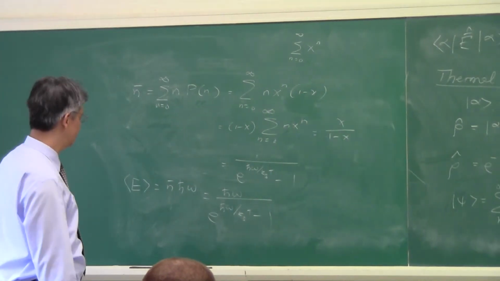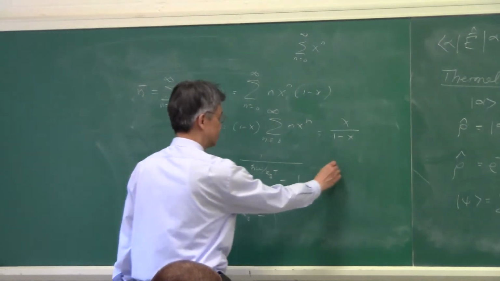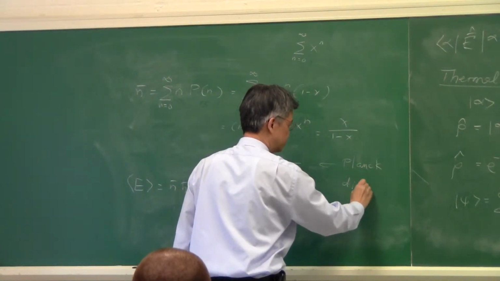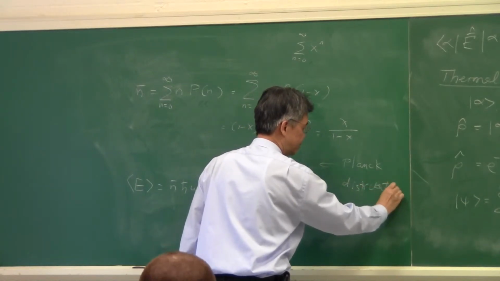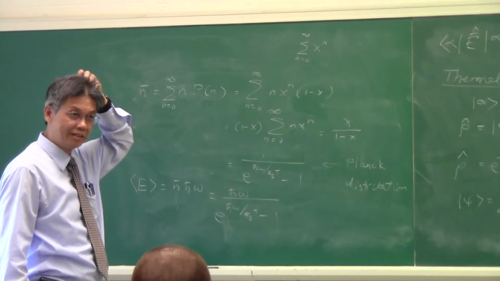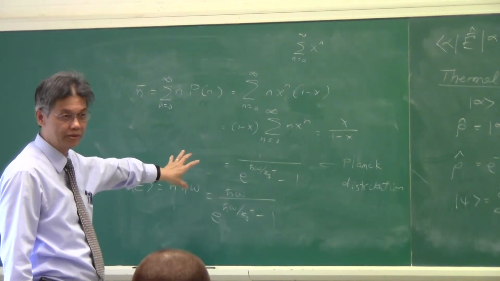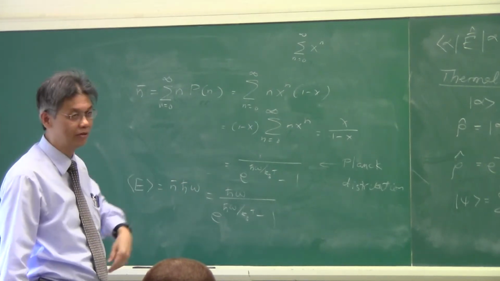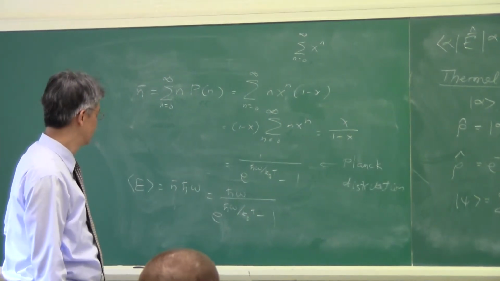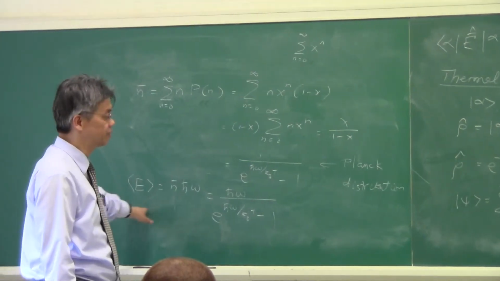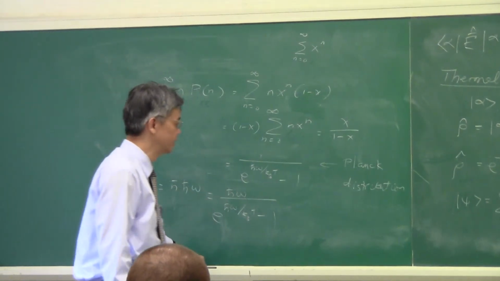So this is actually the Planck distribution. It was first guessed by him. He didn't even derive this. He looked at the radiation experimental data and guessed this distribution law in order to fit it. But now we can derive it quantum mechanically. The average energy that you have for the quantum harmonic oscillator is going to be this.